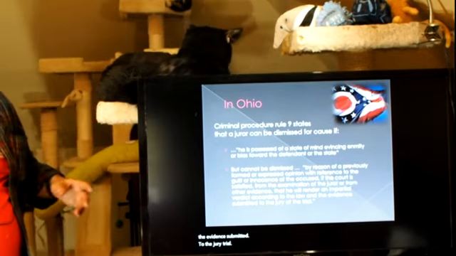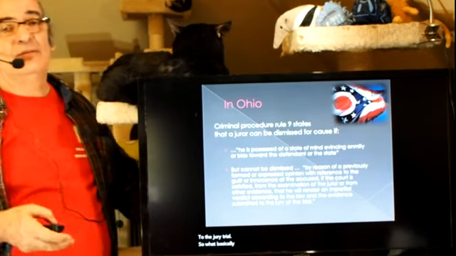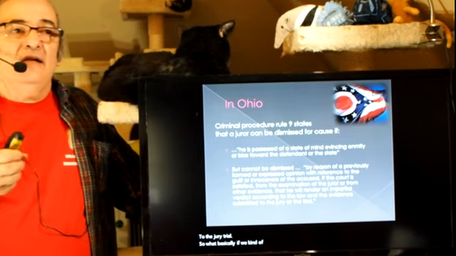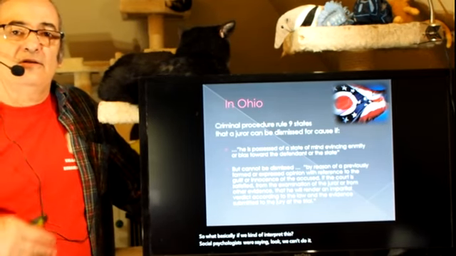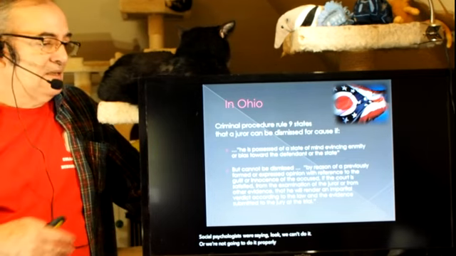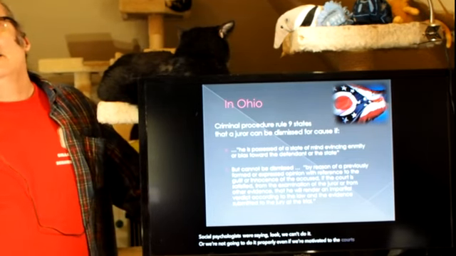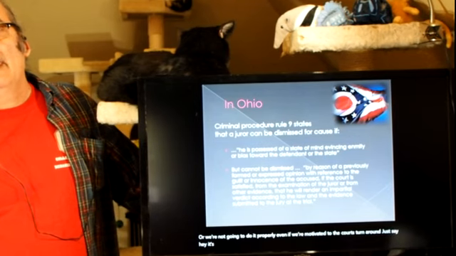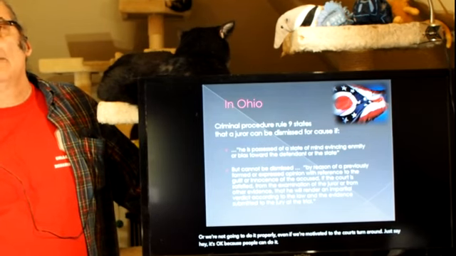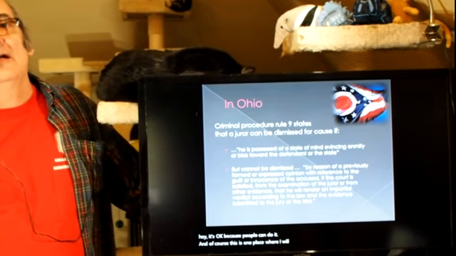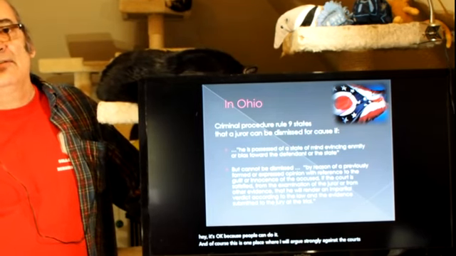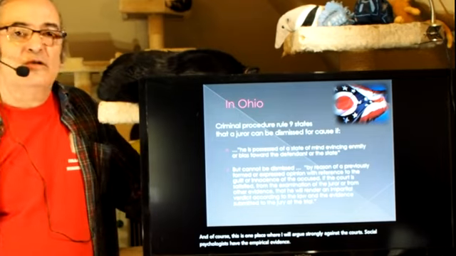So basically, if we interpret this, social psychologists are saying, look, we can't do it, or we're not going to do it properly even if we're motivated to. The courts turn around and just say, hey, it's okay because people can do it. And of course, this is one place where I will argue strongly against the courts. Social psychologists have the empirical evidence. Courts have an opinion.